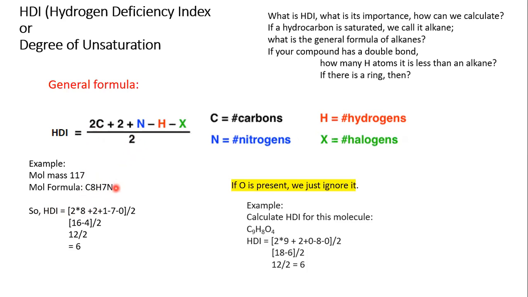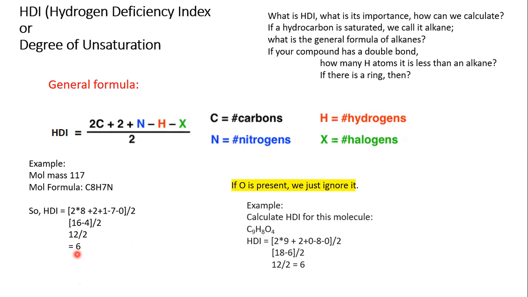Here we have 1 nitrogen, so plus 1, then minus the number of hydrogens. We have 7 hydrogens here, and then minus X, meaning the number of halogen atoms. Here we don't have any, so minus 0. So you work it out and you will find this answer.